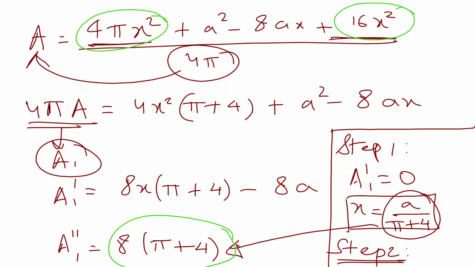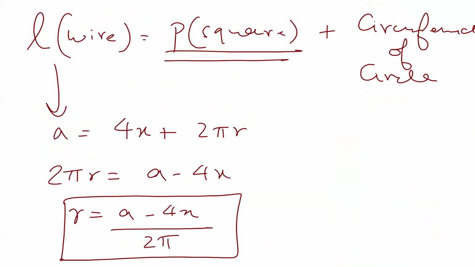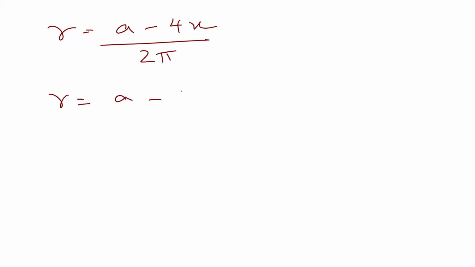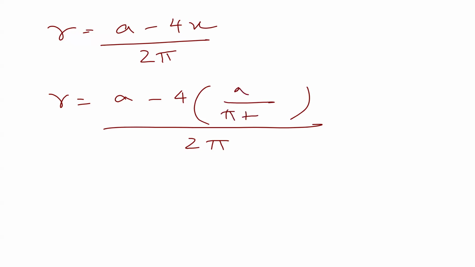Okay, so R, I'll take you back to R. R is equal to (a minus 4x) upon 2 pi. Okay. So (a minus 4x) upon 2 pi, where x is a upon (pi plus 4).